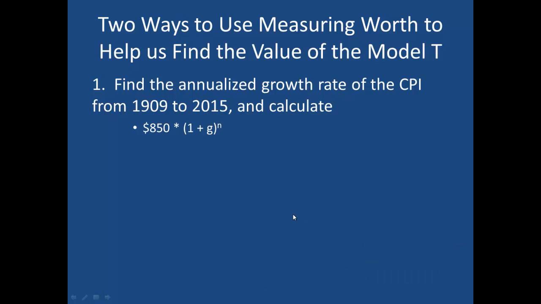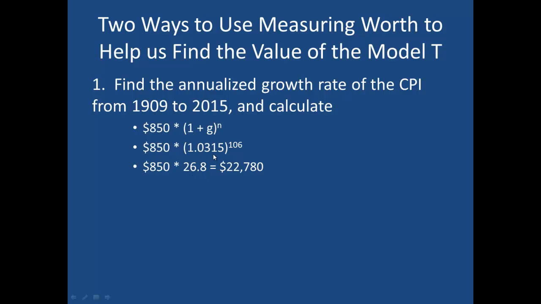Now, let's enter what we found for G into this formula. Recall that we found an annualized growth rate of 3.15%, and in decimals that would be 0.0315. I've also entered 106 for N, that's the number of years between 1909 and 2015. So if you plug this part into your calculator, you should get something close to 26.8.